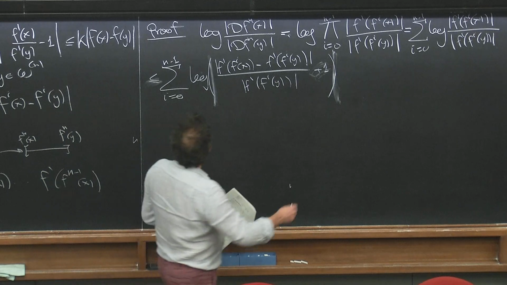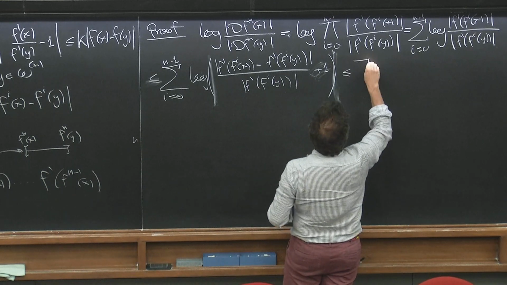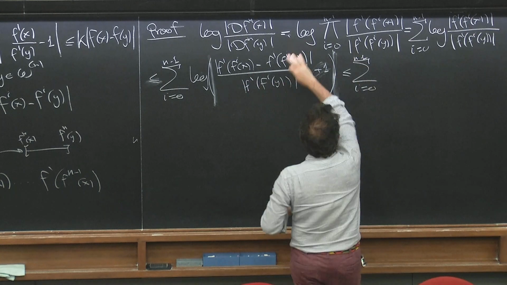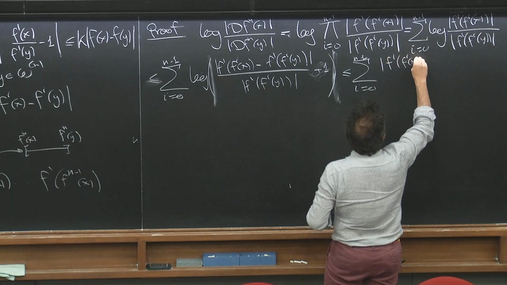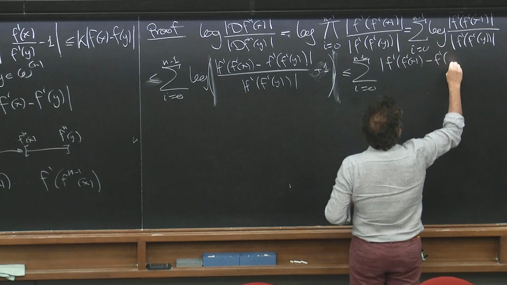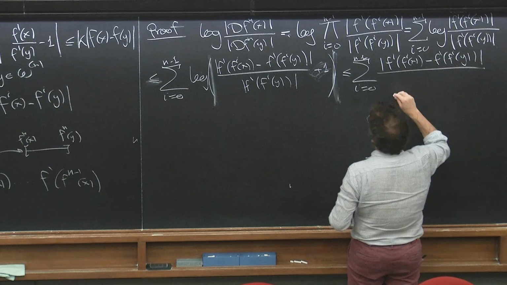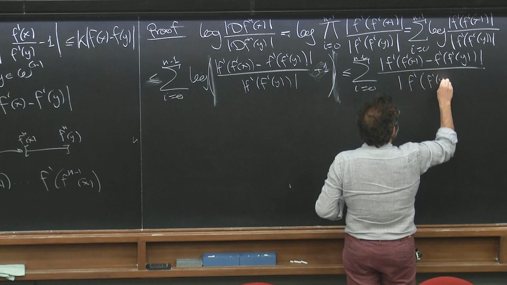So we can write this as the sum of i equals 0 to n minus 1 of just what's inside here, f prime f^i(x) minus f prime f^i(y) over f prime f^i(y).